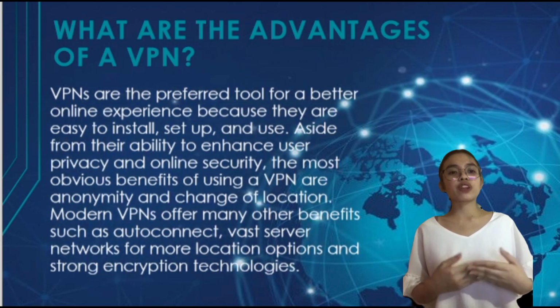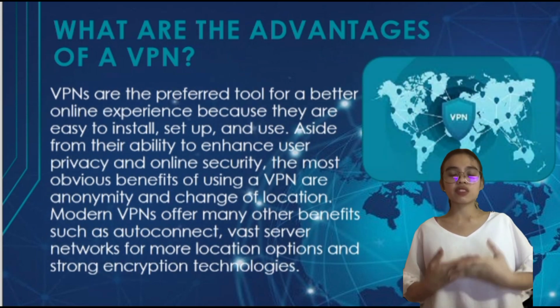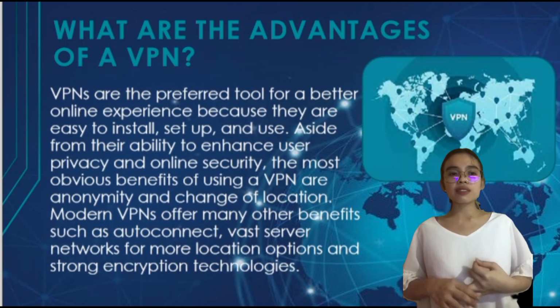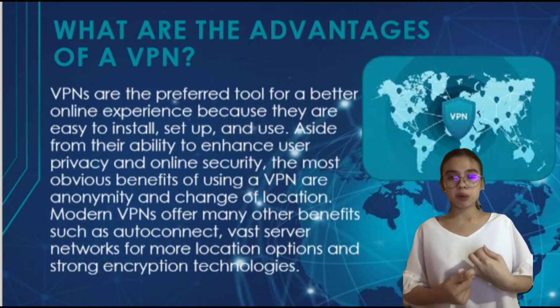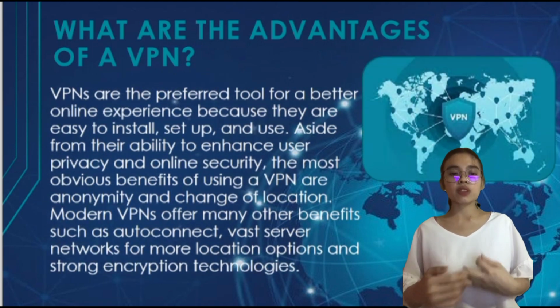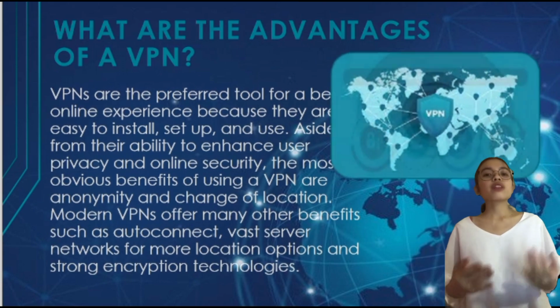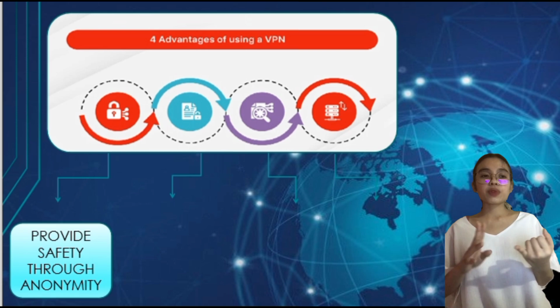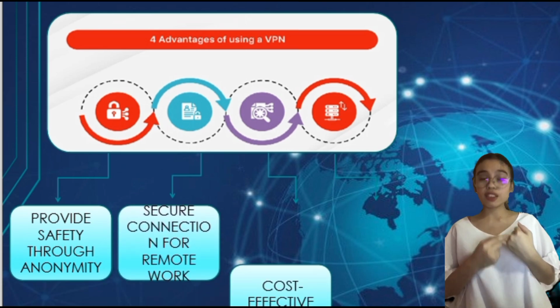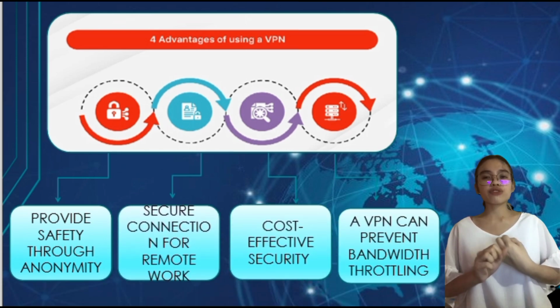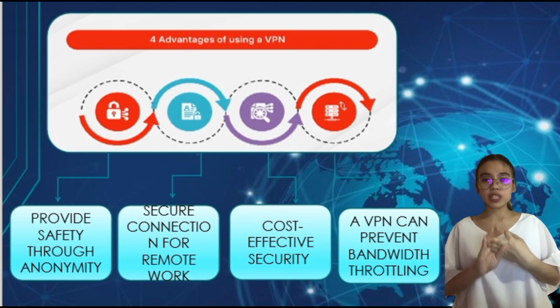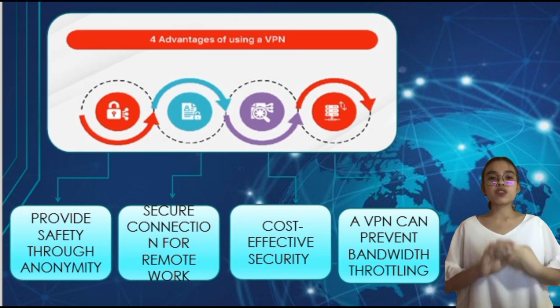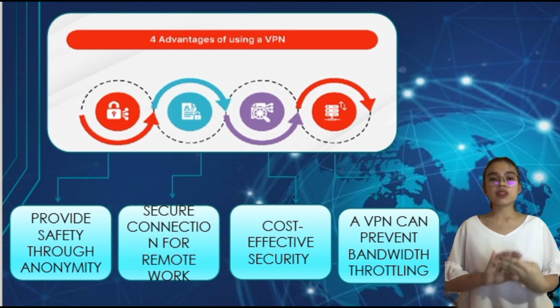Modern VPNs offer many other benefits such as auto-connect, vast server networks for more location options, and strong encryption technologies. So, the four advantages of using a VPN are: providing safety through anonymity, secure connection for remote work, cost-effective security, and lastly, a VPN can prevent bandwidth throttling.